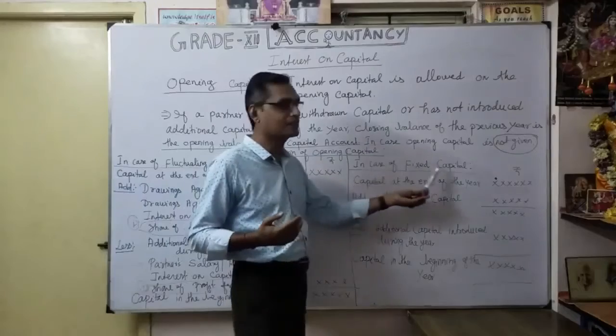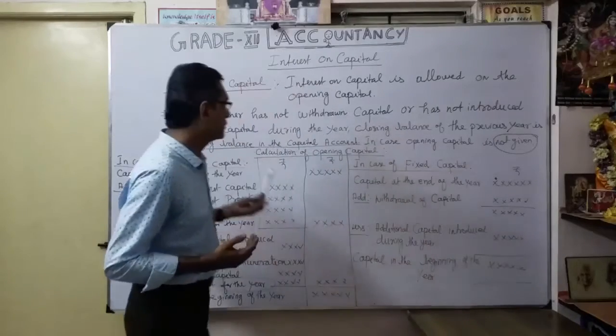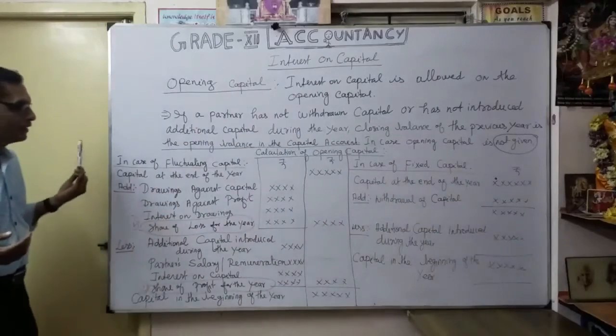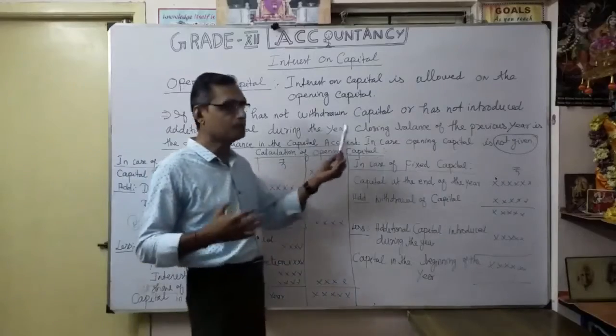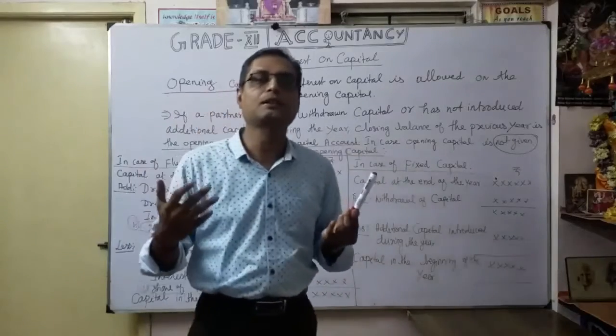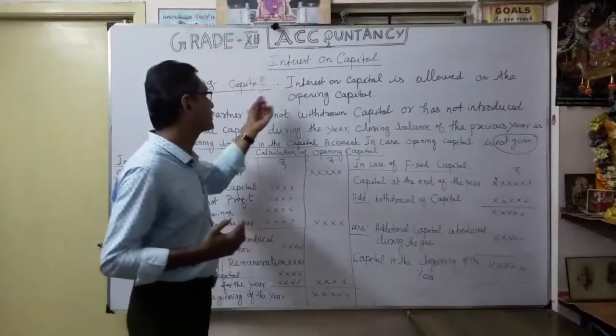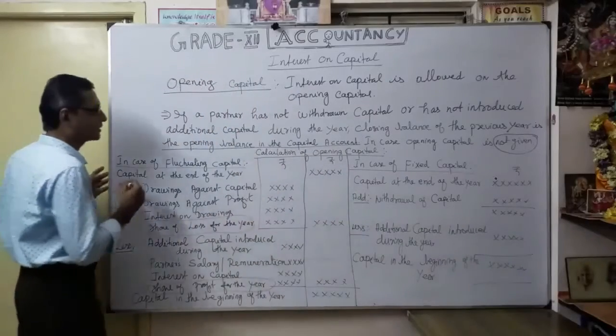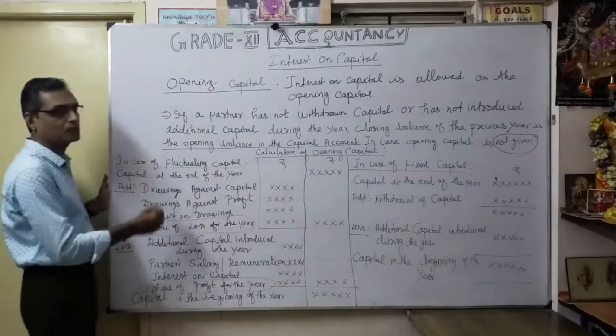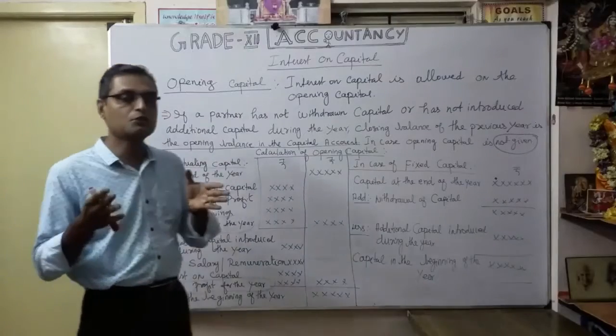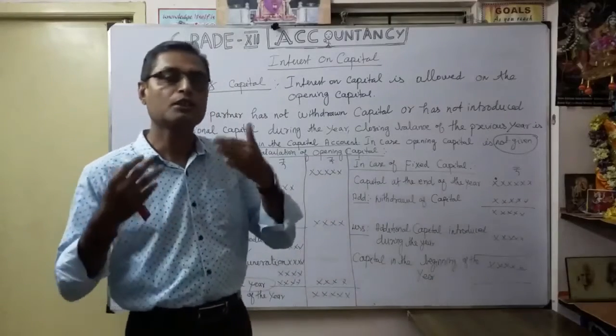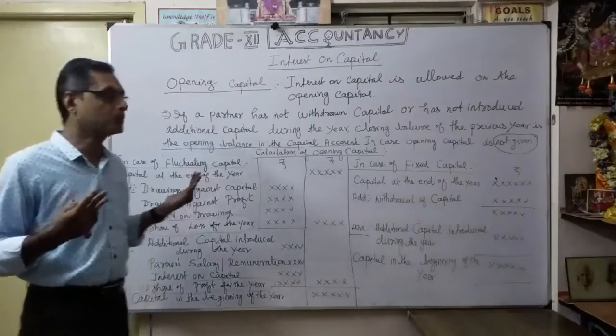Either for fixed capital or for fluctuating capital, we are going to calculate the opening capital. Once you arrive at the opening capital, thereafter you can easily calculate interest on capital. See here, this is the vertical format. But you can do it in the partner's capital account also, and calculate the opening capital.